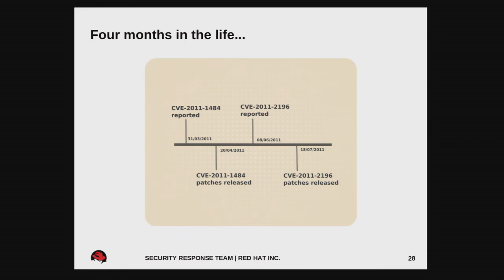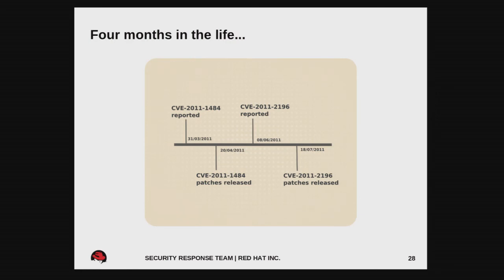So this just shows you the complexity of running that whole process for several issues. Earlier on, I spoke about that Seam issue, where there was the ability to use expression language to inject arbitrary code, and we had the two vectors, .getClass and .class. Originally, 1484 was .getClass, and that got reported to us in March, and then we fixed it in April.